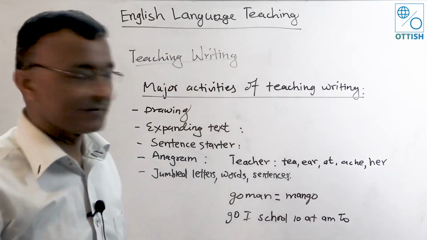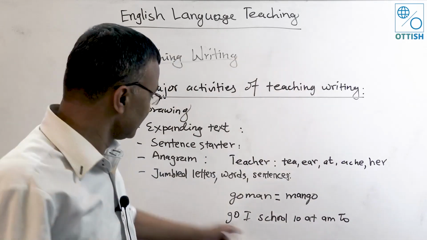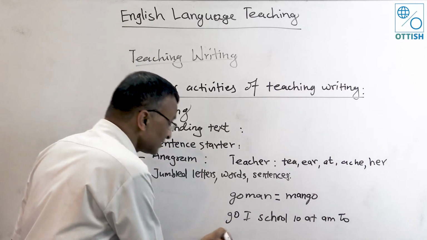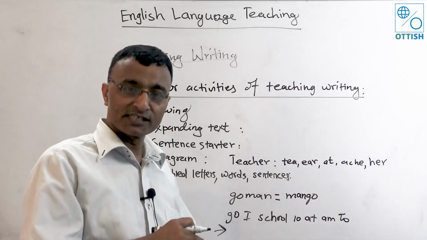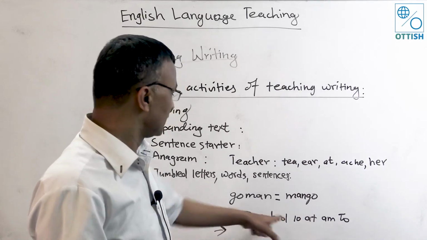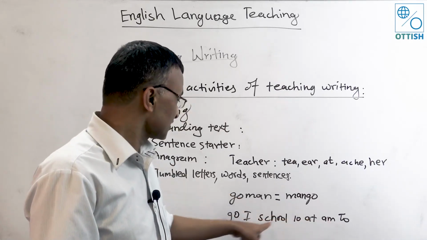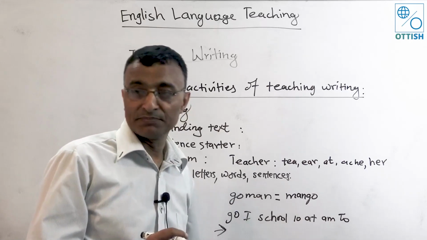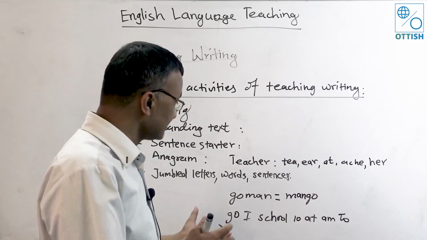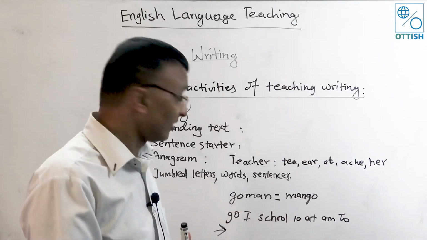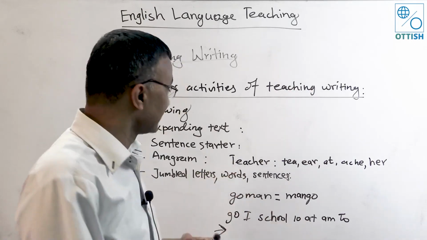If the words are given in this way, the students are asked to arrange the jumbled words to make a sensible sentence. I go to school at 10 a.m. If the students arrange the words in correct order, so jumbled words and jumbled sentences.